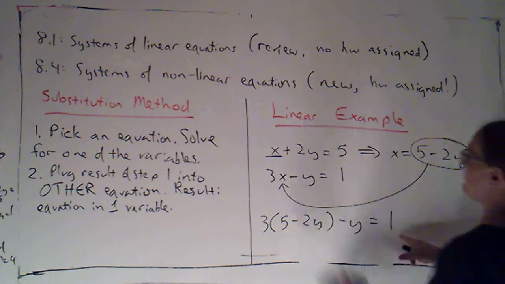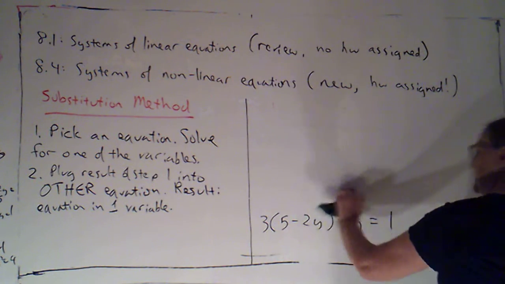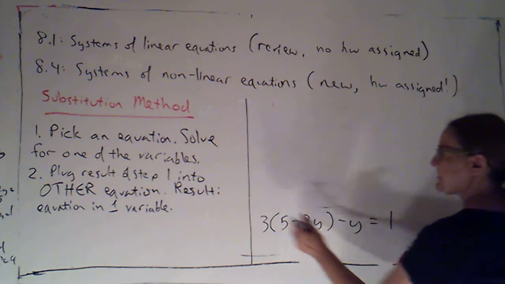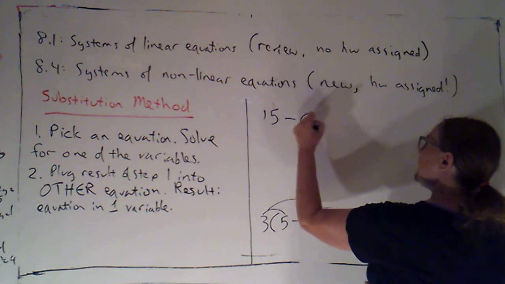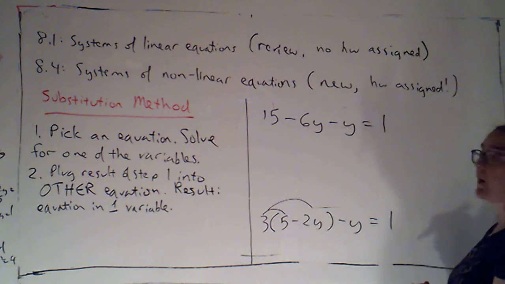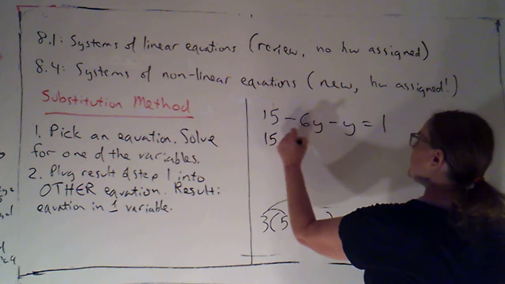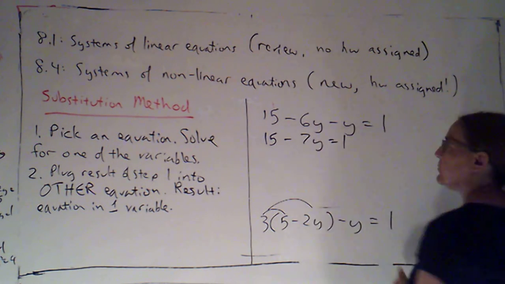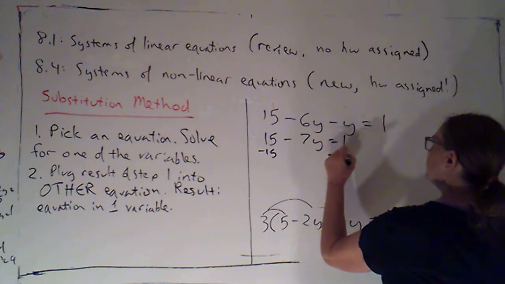I don't have a whole lot of space here, so I'm going to just erase the preceding work. To solve this, I would first of all just distribute that 3. So I'll have 15 minus 6y minus y equals 1. I can combine my y's here, so that's 15 minus 7y equals 1. I'm going to subtract the 15 over.